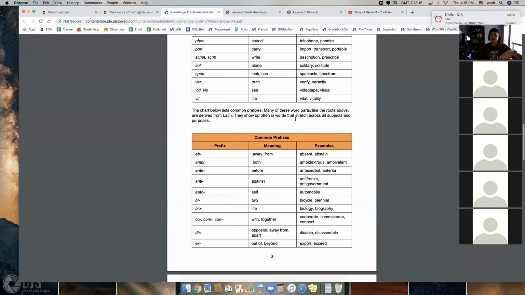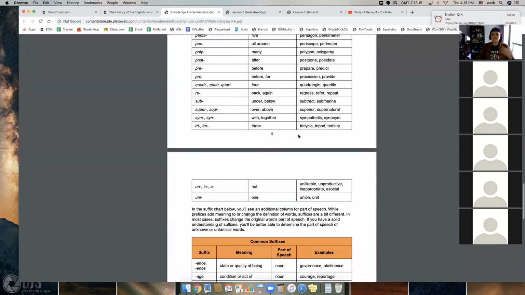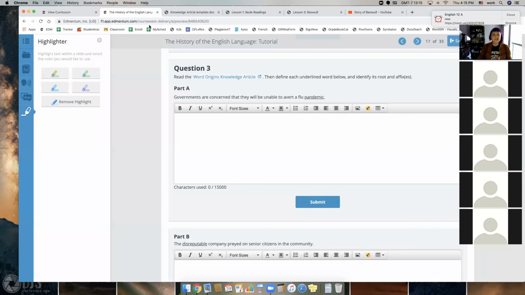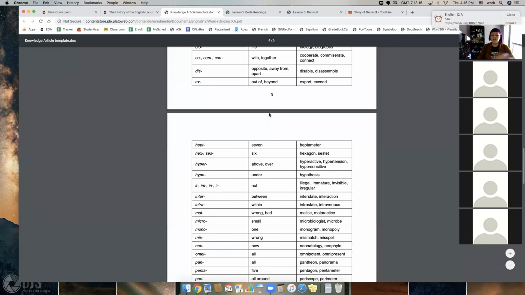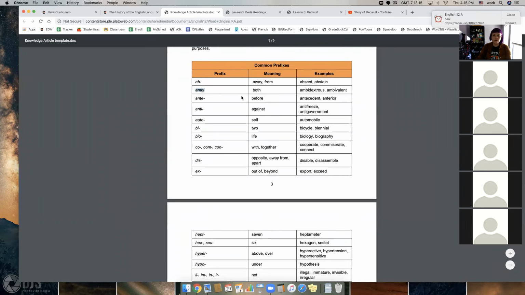It tells you these are derived from Latin, these are derived from Latin, because it's asking you to define the underlying word below, identify its affixes, which are suffixes and/or prefixes, as well as the roots. So you'll probably want to have this open and then you can go through it.